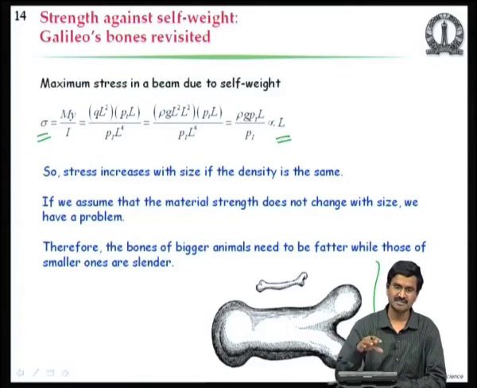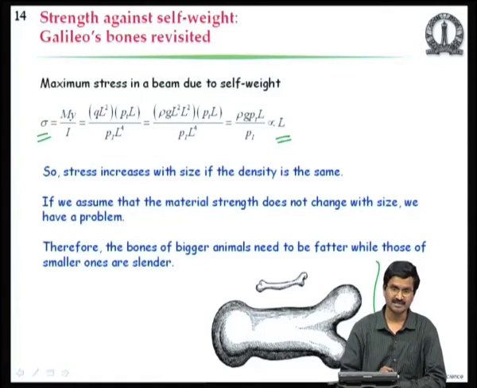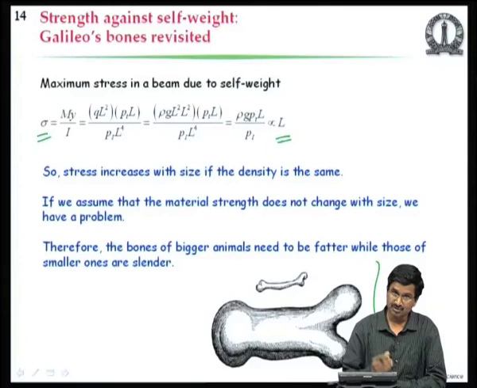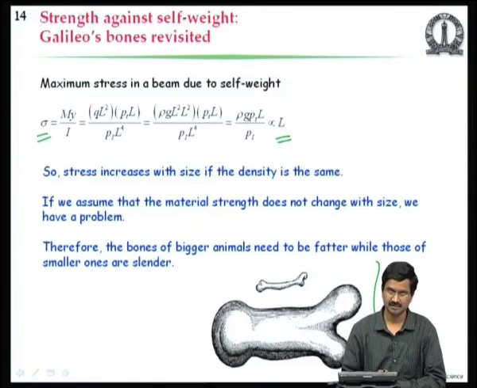If an elephant is standing on its 4 legs, the 4 legs have to hold its weight, and the same thing is true with the mouse. But the stress is proportional to the size, meaning that if you say from mouse to elephant it is, let us say, a factor of 10,000 in terms of its height, the stress in the elephant is going to be 10,000 times more than what is there in the mouse.